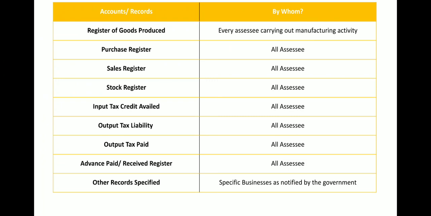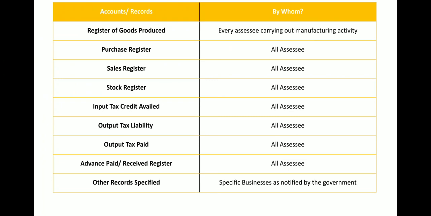The next one is input tax credit availed. The record regarding input tax credit availed is to be prepared by all the assessees.